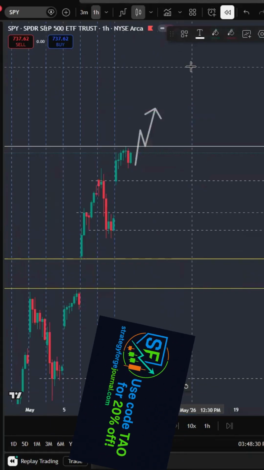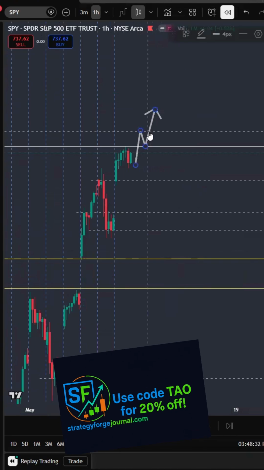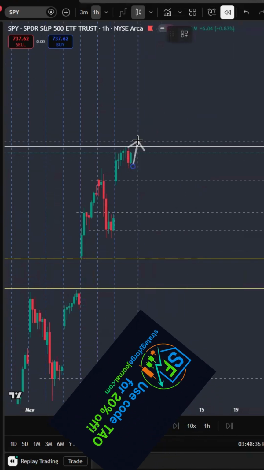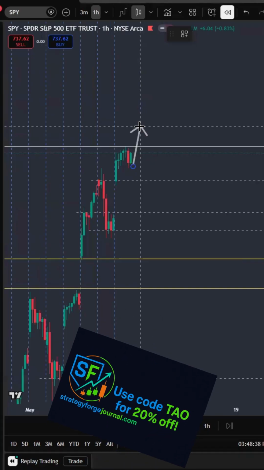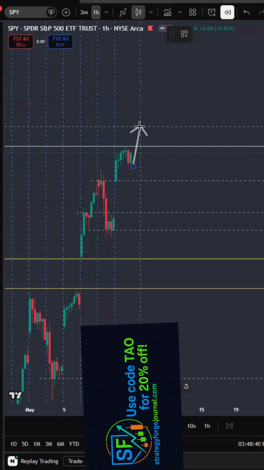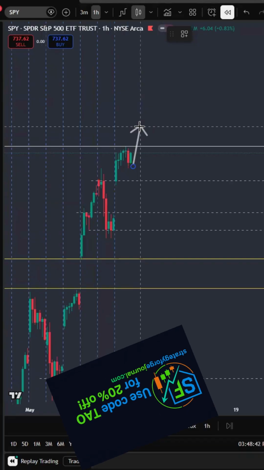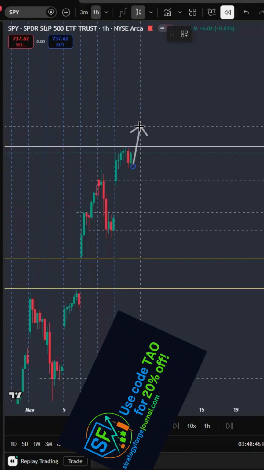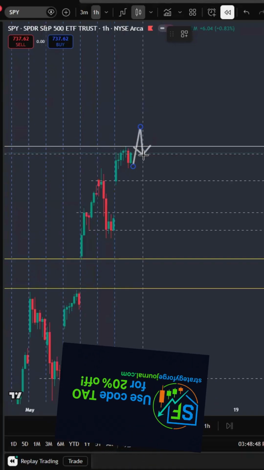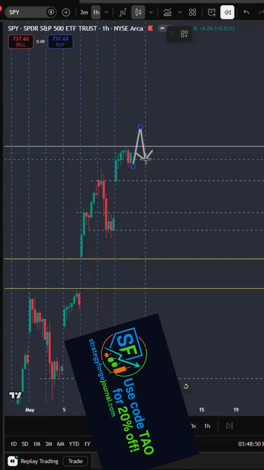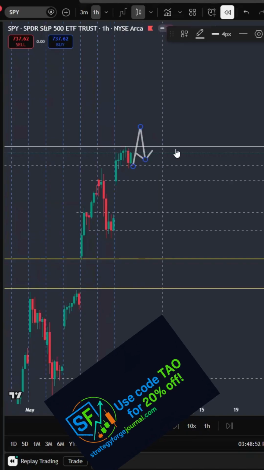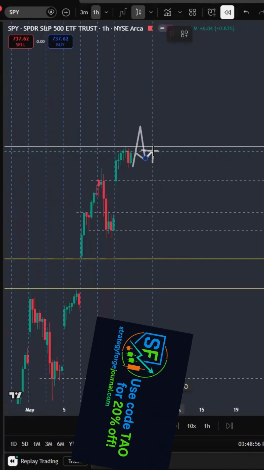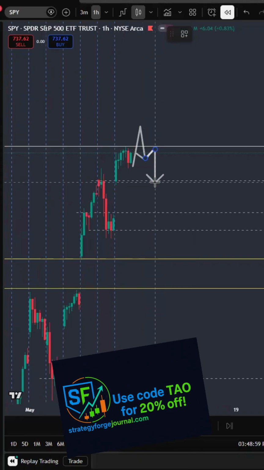Now, why would we not want to just trade the immediate breakout? Well, the reason being is because if the chart is going to turn around and the trend is going to change, most likely the way it will happen is by breaking out above, then coming back down, creating a lower high back into the range, coming back down.